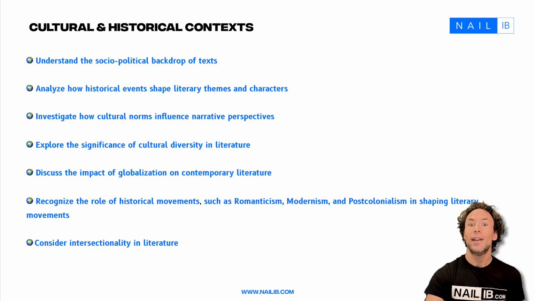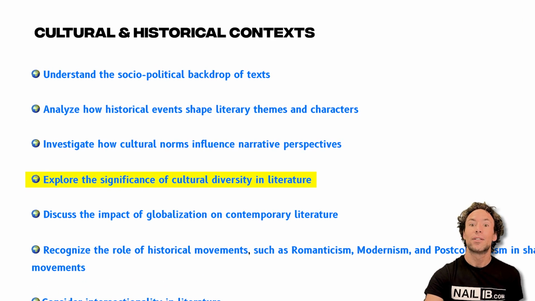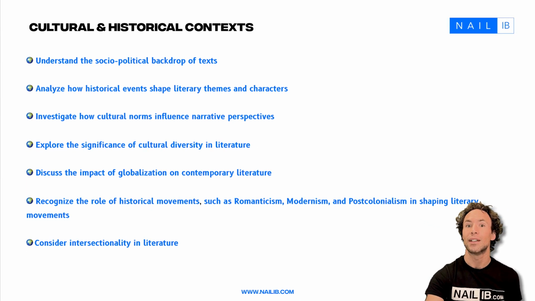The fourth objective is to consider the significance of cultural diversity in literature. So, exploring the window into diverse cultures and experiences from around the world, we will examine works from different cultures and regions and explore how the cultural diversity in that area affects the literature that we're reading, allowing us to engage with it in more diverse manners and shape our understanding of it.